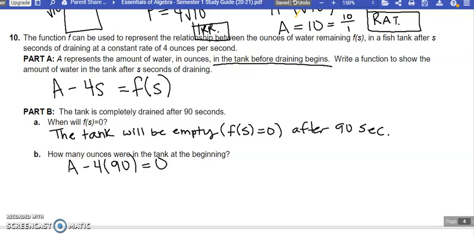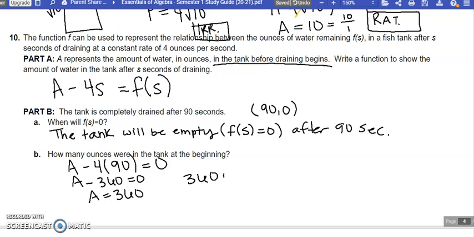So basically I took this as an ordered pair, which was 90, 0, input, output, and input that in, and now I can use that to solve for A. So A minus 360 equals 0. Add 360 to both sides to get A by itself, and it appears that there were 360 ounces in the tank to start with.